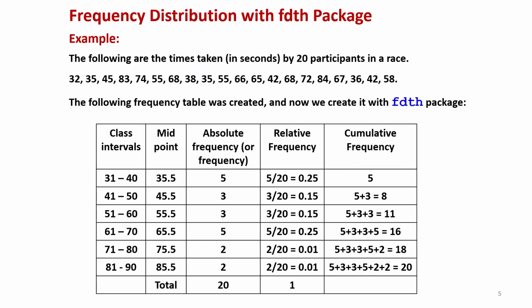Now you can recall that earlier we considered an example where 20 participants participated in a race, and their time for completing the race in seconds was given like this. Based on that we had created this frequency table. But now I want to do the same thing using the fdth package.